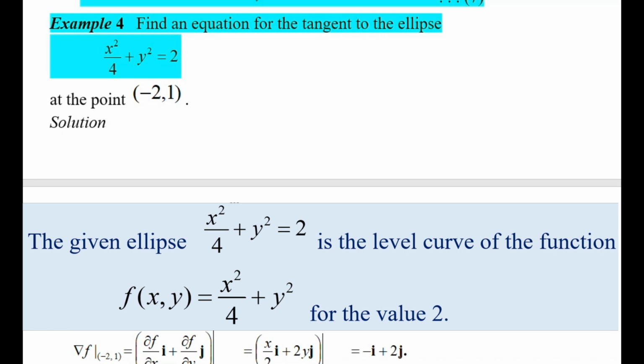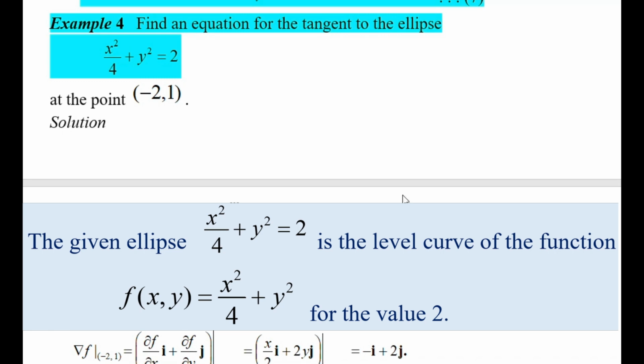So this is the situation. You are asked to refer to my video on level curves. In that situation you have seen that the level curve is the set of all points (x, y) in the plane at which f(x, y) takes some pre-assigned number.